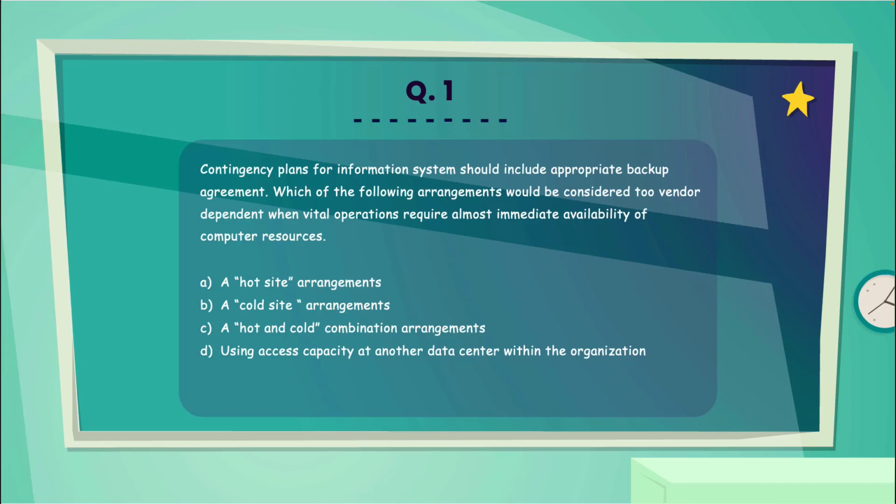A hot site can be operational within 2 hours, so it's not too vendor dependent. So the answer here is cold site, because it requires intervention from the staff and from the vendors, and it takes many weeks to be up, running and operational.